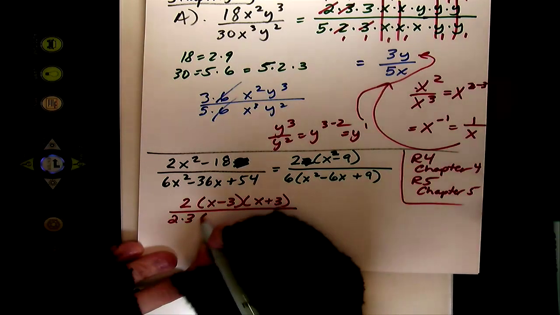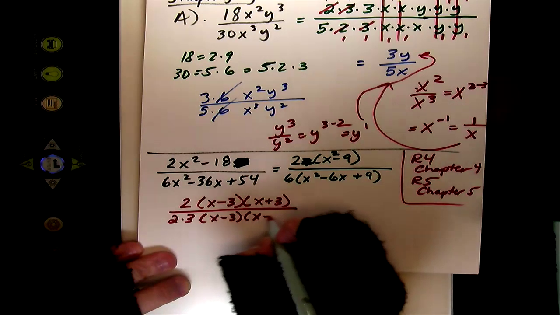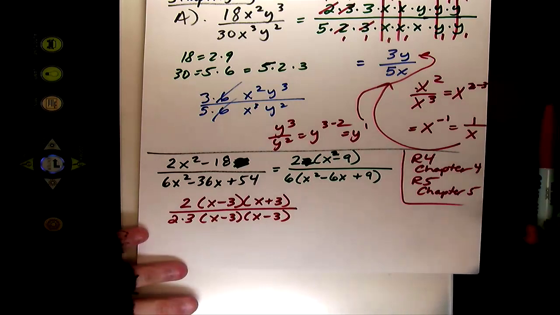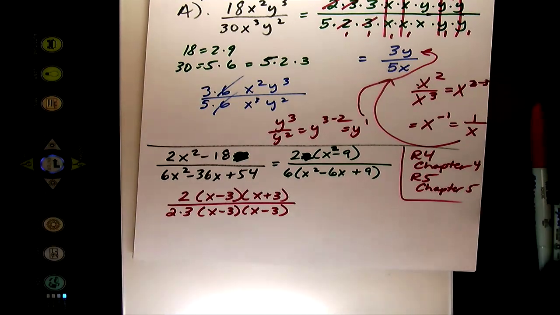This ends up factoring into x minus 3 and x minus 3. Then we see what cancels.